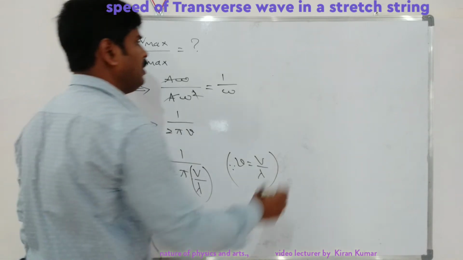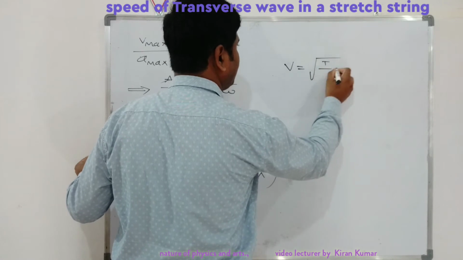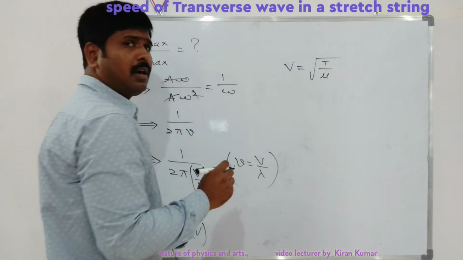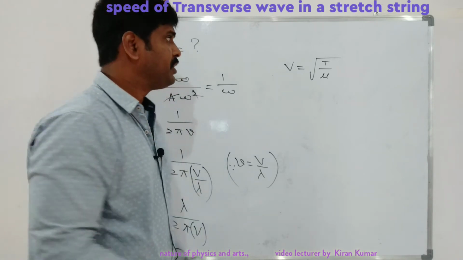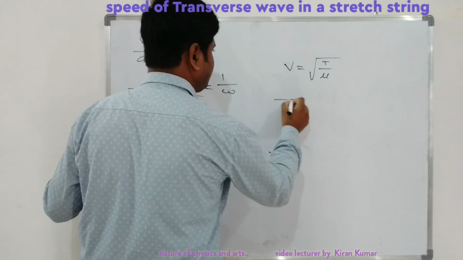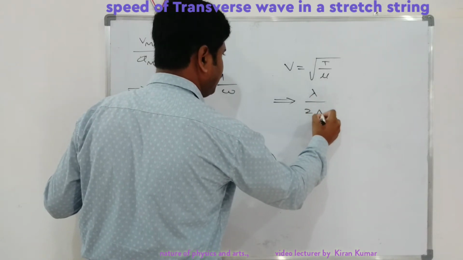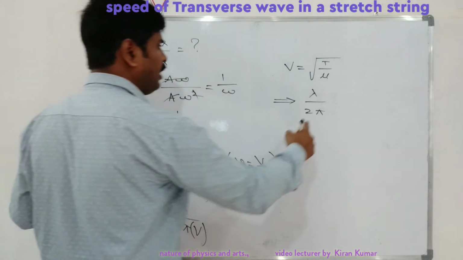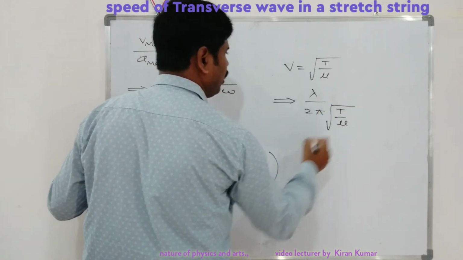Here v is equal to root over T by mu, where v is the velocity of the transverse waves in a stretched string. Then the corresponding value is equal to lambda divided by 2 pi, and velocity is T divided by mu.